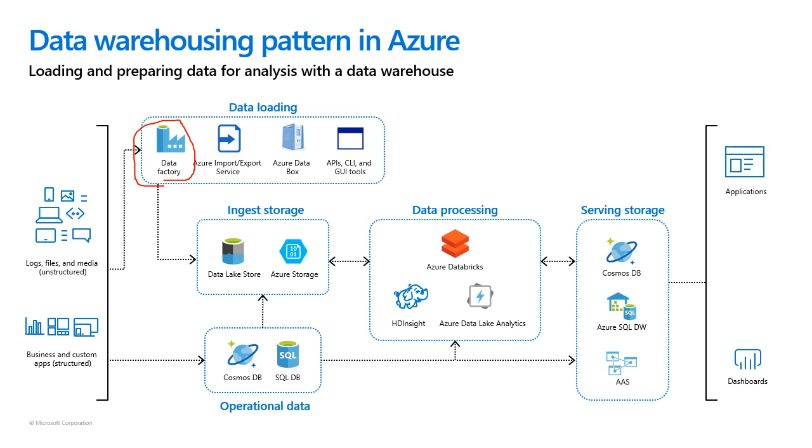You can also use the Azure Import Service and different APIs and tools, or you can get the data offline using Azure Data Box. You can also load the data directly into Cosmos DB if the source is a NoSQL database, or SQL database if the source is relational data. The whole point here is that then you have to ingest into storage, so you can use Data Lake Store or Azure Storage.